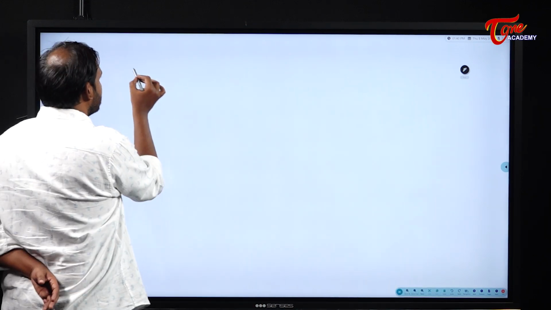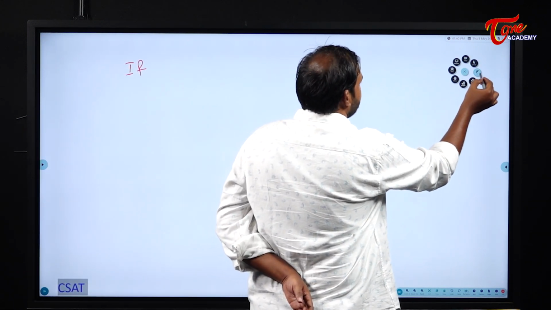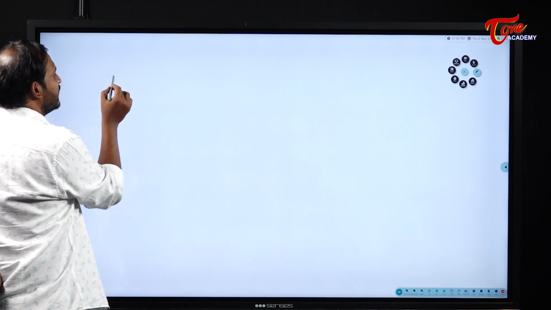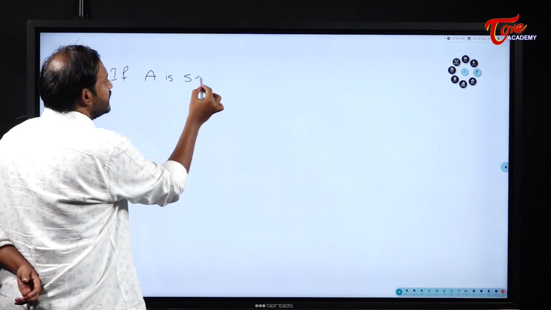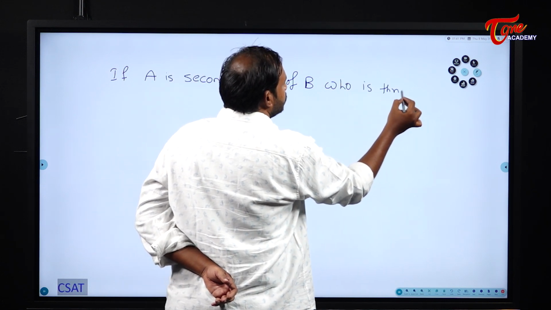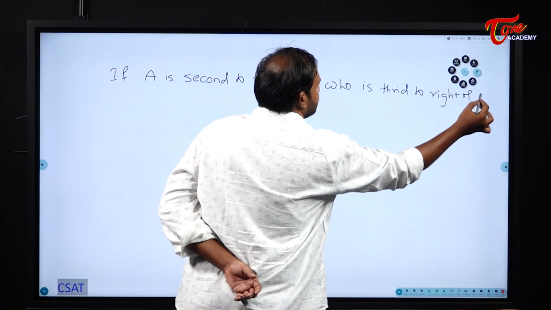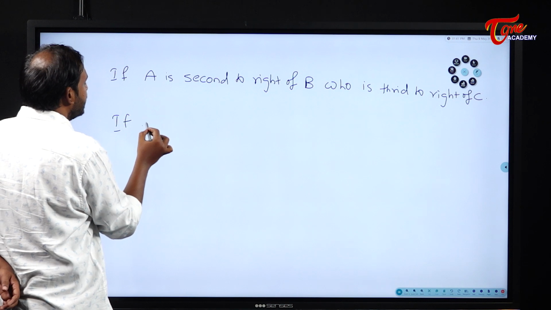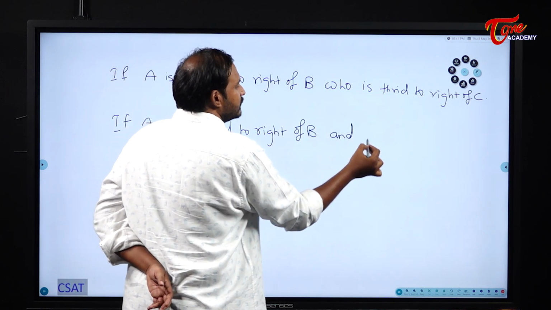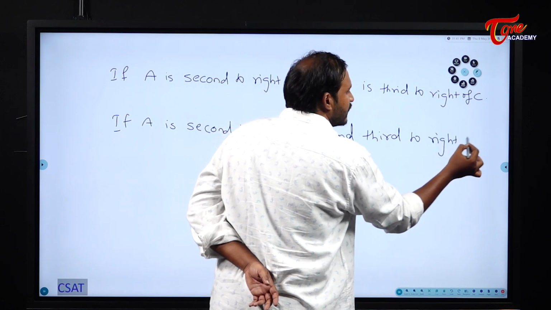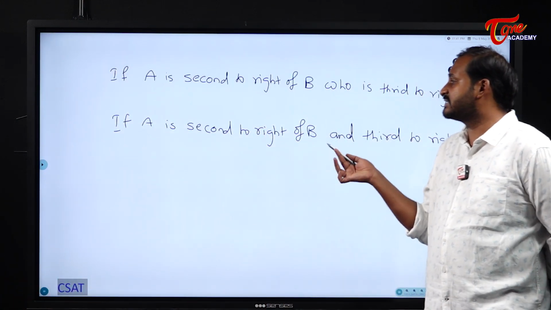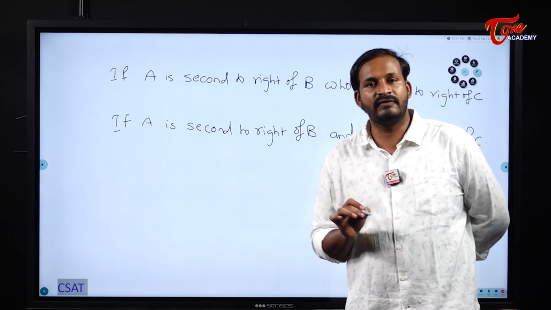For example, there is a statement like this: A is second to right of B, who is third to right of C. And there is one more statement: A is second to right of B and third to right of C. There is a lot of difference between these two statements, students.